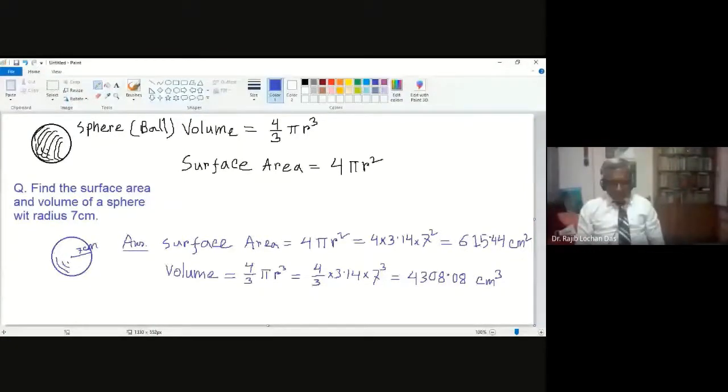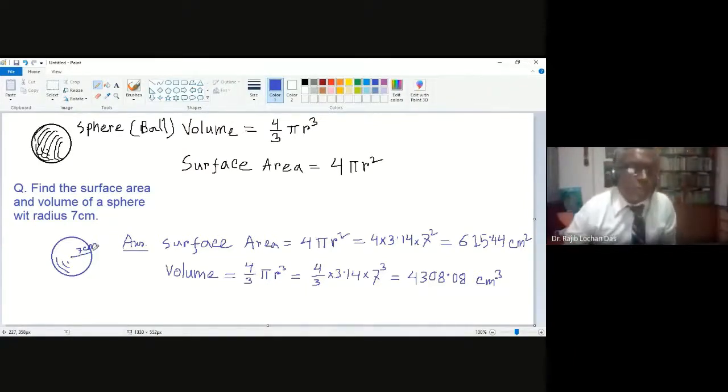If centimeter is given in the radius, it will be centimeter cube. If inch is given in the radius, it will be inch cube, like that. Okay, so this is the sphere calculation.